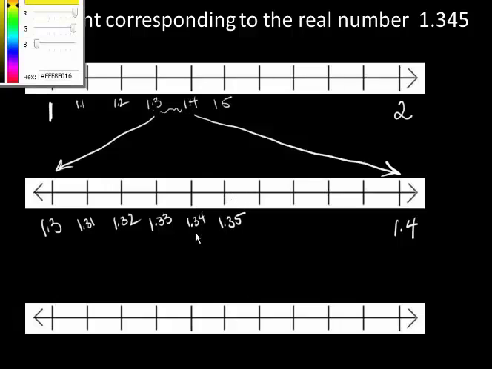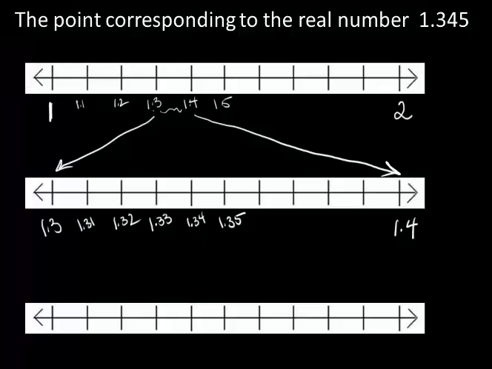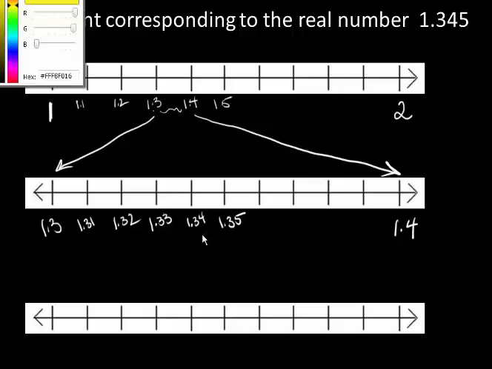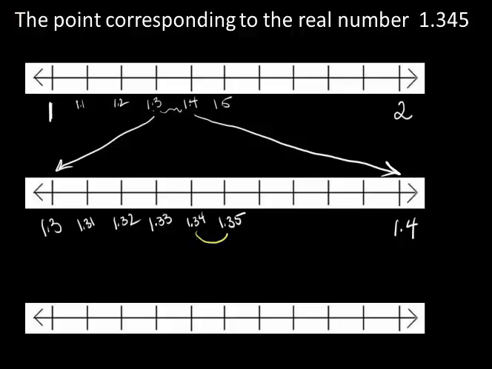Well, I can see that my number 1.345 lies between these two numbers, 1.34 and 1.35. So I zoom out again.